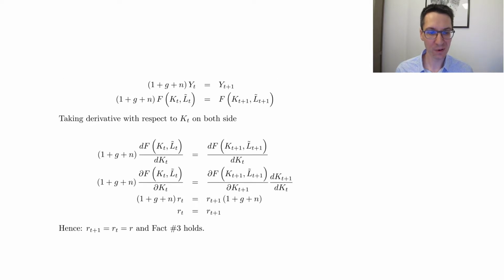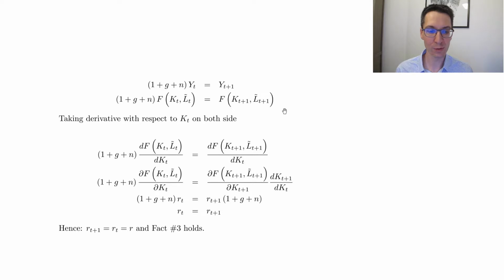So same thing for output. So I have 1 plus g plus n times Y_t, output tomorrow. It's equal to my output tomorrow. So let's just substitute Y_t by F(K_t, L tilde_t), and same thing for tomorrow. So Y_{t+1} is equal to F(K_{t+1}, L tilde_{t+1}). And now we take the derivative with respect to the exact same variable on both sides.